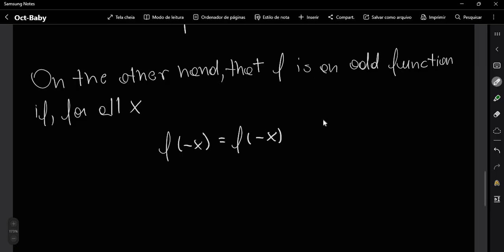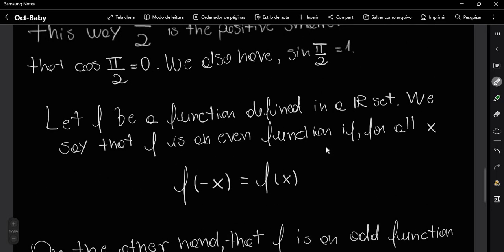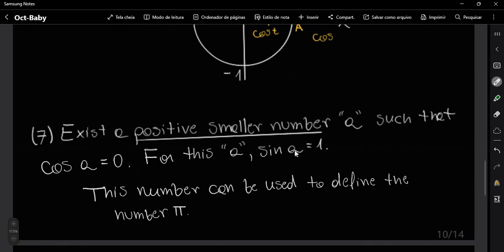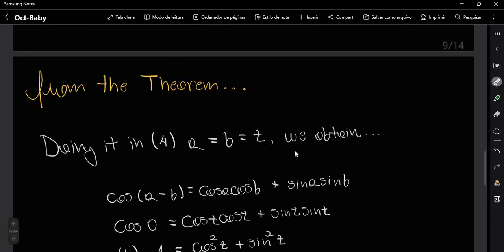Okay, so this is all the theory, and as you can see, it is very short.